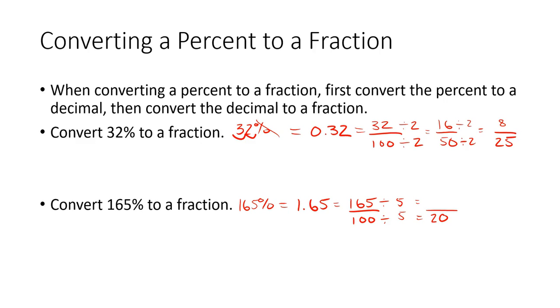We get 33 over 20. 5 goes into 165. 5 goes into 16 3 times. 3 times 5 is 15. Subtract. Bring this next number down. We just get the same thing.